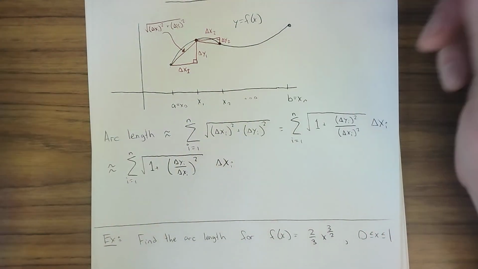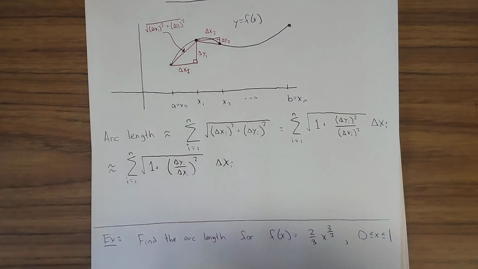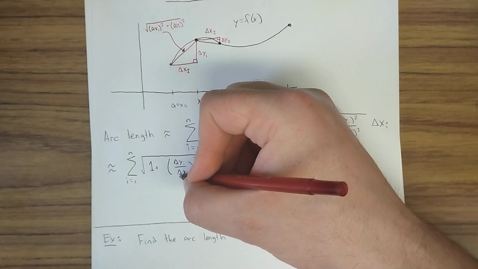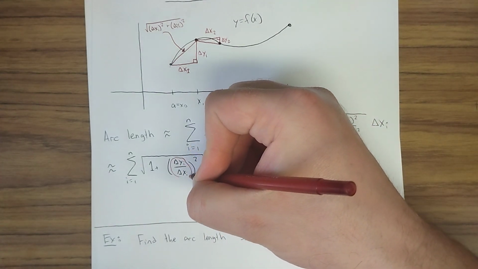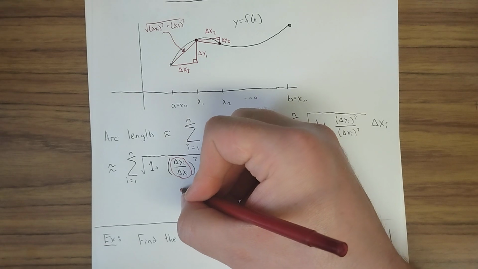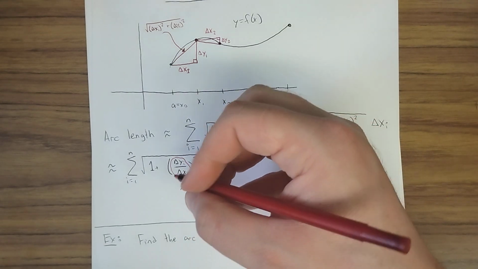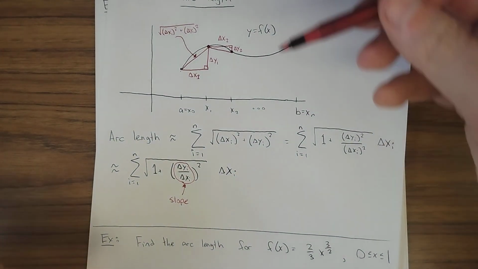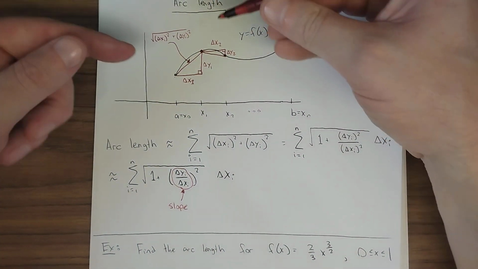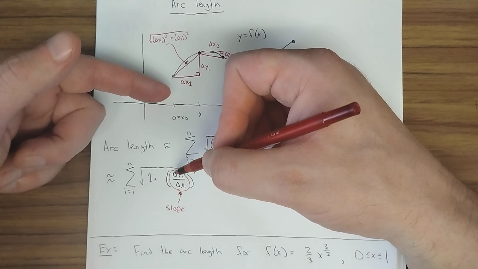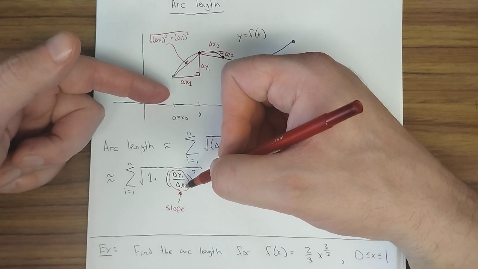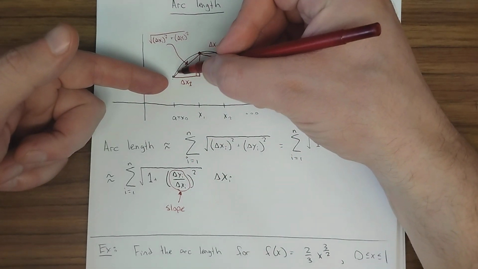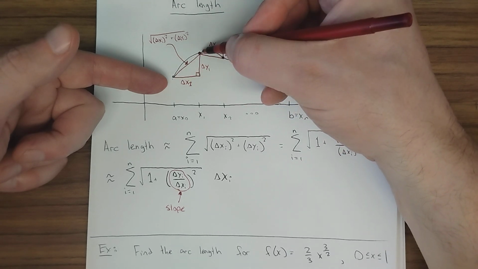I just wanted to see it this way because this here is a slope. In particular, if i was 1, I would get delta y1 over delta x1, which is the slope of this line segment.